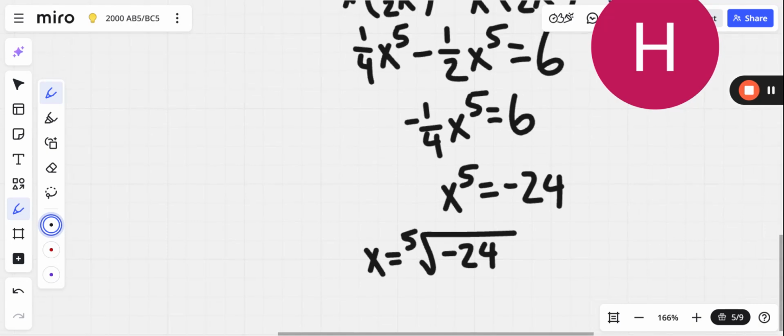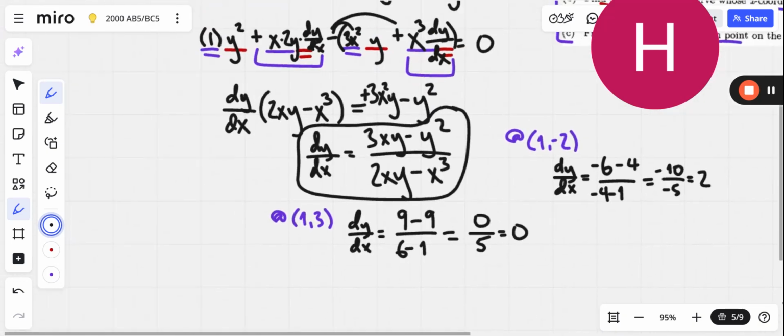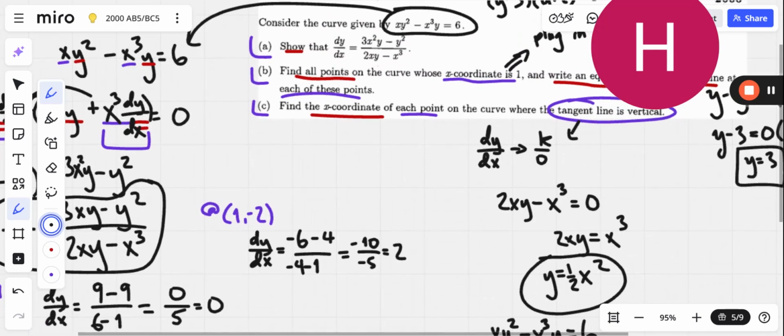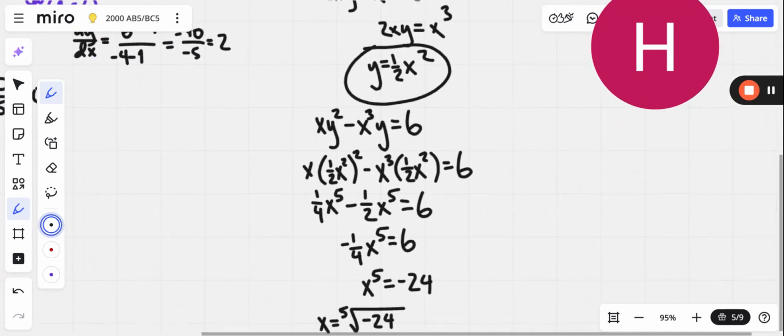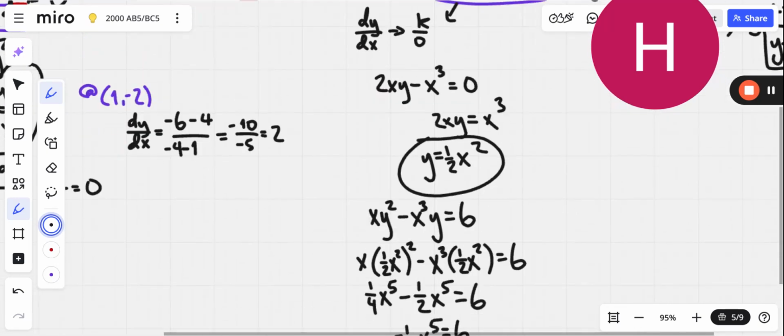Very interesting. Okay. There is the x-coordinate. Now, I don't see 2 points here. That's kind of what I was a little bit concerned about. I don't detect 2 different x-coordinates. So if I had to guess, I would say that is the x-coordinate.